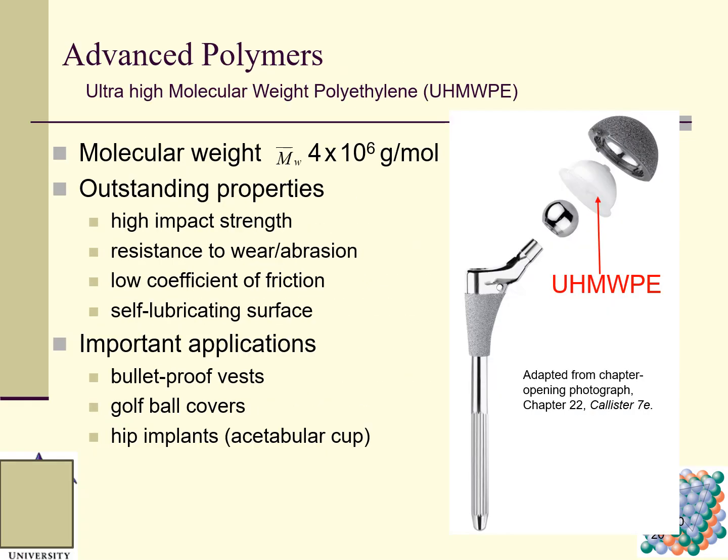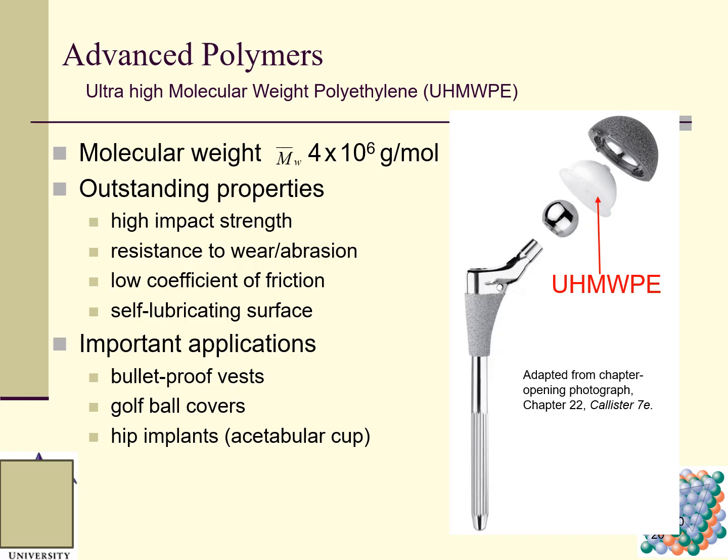And advanced polymers, an ultra-high molecular weight polyethylene. The molecular weight, MW, based on weight, is 4 times 10 to the power 6 grams per mole. Outstanding properties of this material include high impact strength, resistance to wear and abrasion, low coefficient of friction, and a self-lubricating surface.